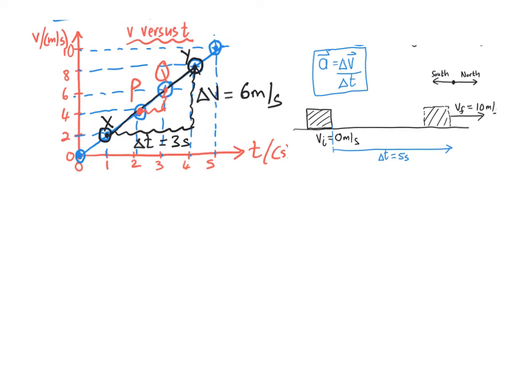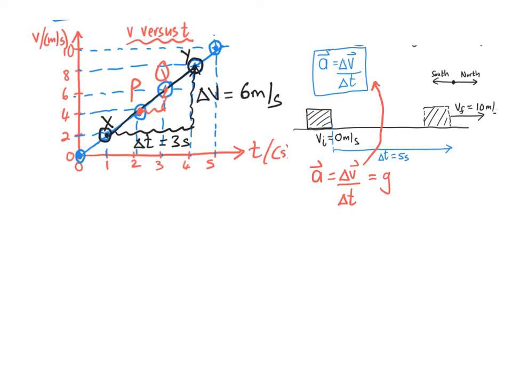So from this graph we can now extract some really important information. So we've seen that the acceleration is equal to the gradient of that graph, and we know that, as we learnt up there, the gradient is the change in the velocity with respect to the change in time.